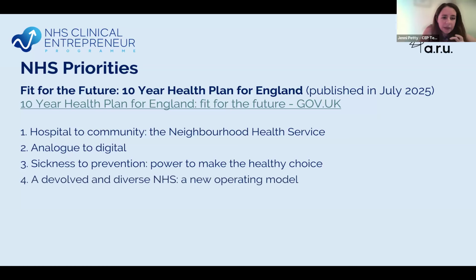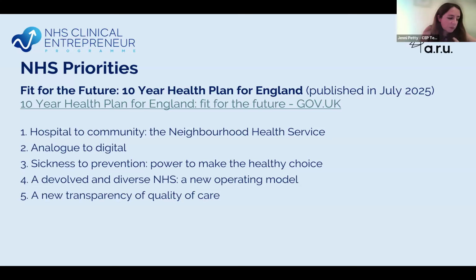And you will see there are other key focus areas, such as a devolved and diverse NHS, so sort of pushing power out to different places, providers and patients, a new operating model. There's also a key focus on a new transparency of quality of care. So there will be a national independent investigation into maternity and neonatal services.